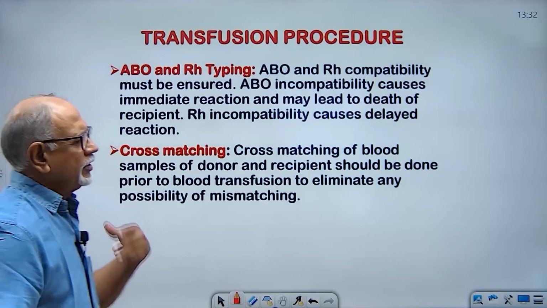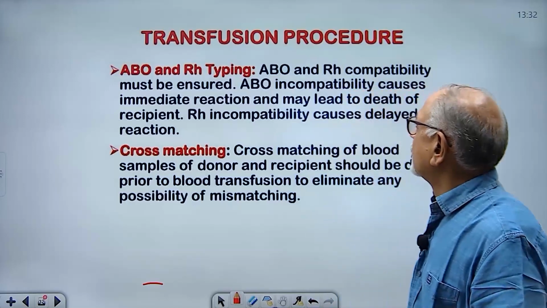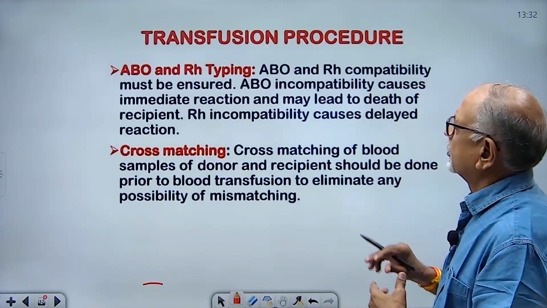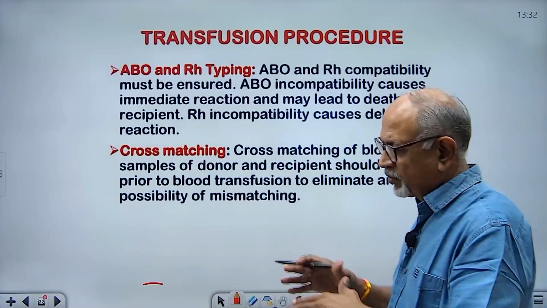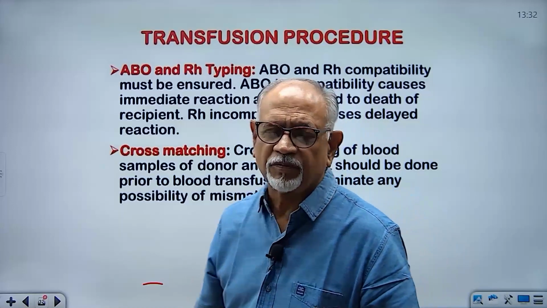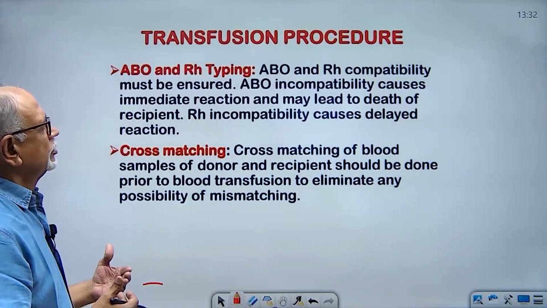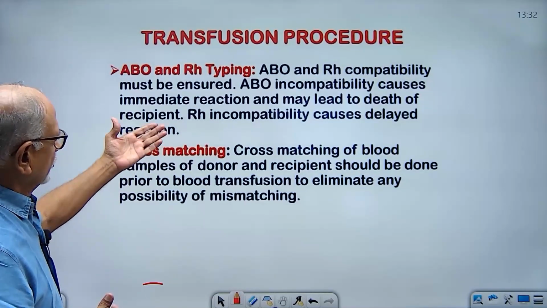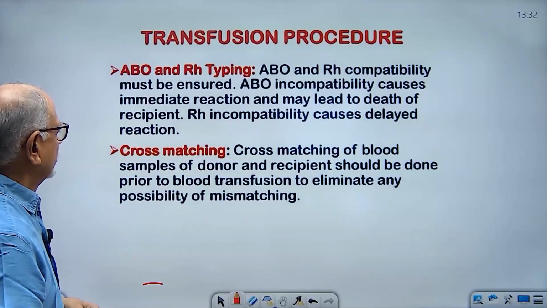Again, same thing, ABO incompatibility should be checked. The ABO group of patient and ABO group of the donor should be matched, should be tested for RH incompatibility also.